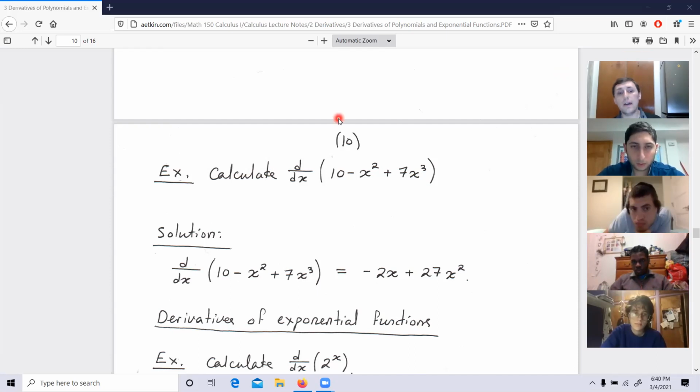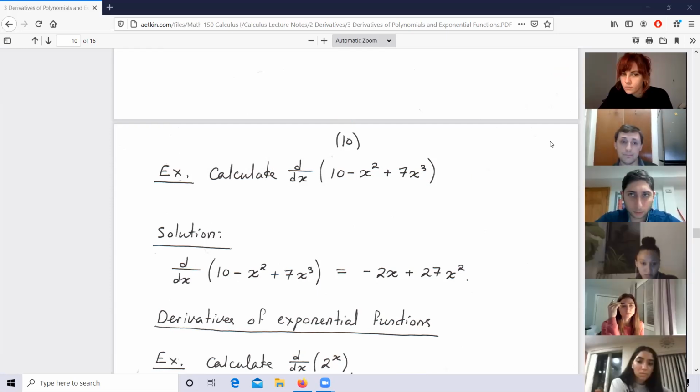Okay, guys, now help me. Let's see if you could calculate the derivative of 2 to the power of x. You can say, oh, that's obvious. Go ahead, carry out the calculation. Tell me what's the derivative of 2 to the x. What would you write if you were asked to do that?